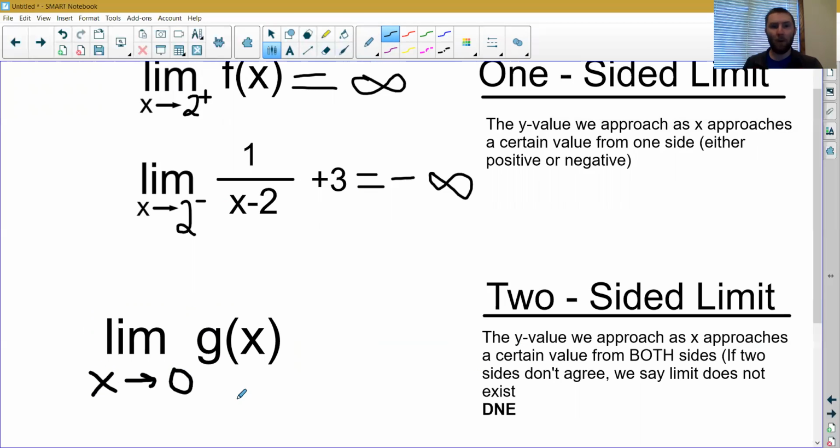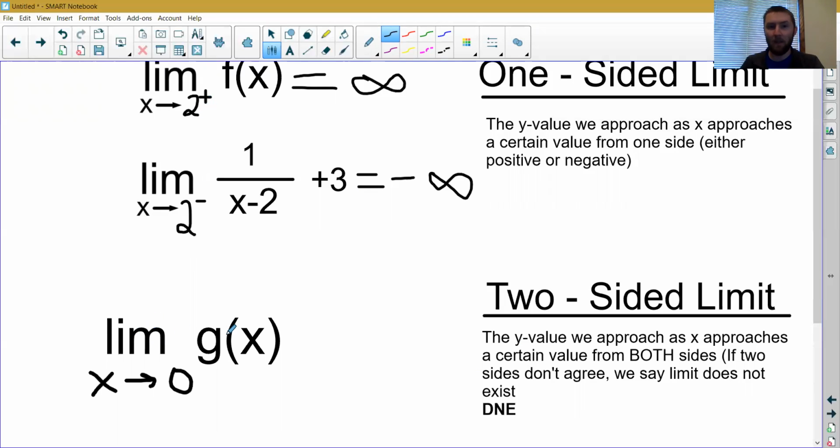And then we don't put a positive or negative. Here on my 0, I'm not going to put a plus or a minus because I'm not talking about just from the positive or just from the negative. I'm talking about both sides. So for a two-sided limit, we do not use the positive and negative notation on the number.